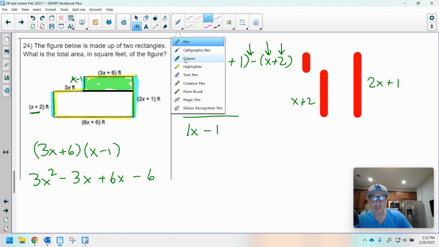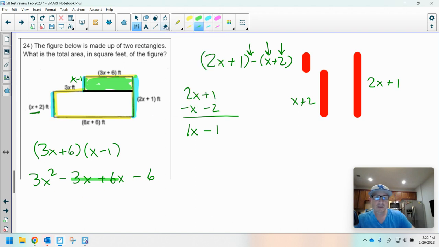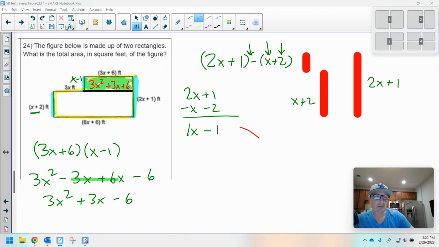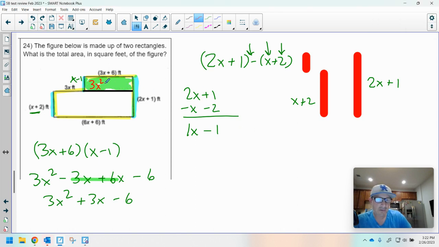We're going to do a little combo in the middle, and we're going to get 3x squared plus 3x minus 6. That's the area of the green. I'll write it in here. 3x squared plus 3x plus 6. Nope, not plus 6. That's a minus 6. 3x squared plus 3x minus 6.